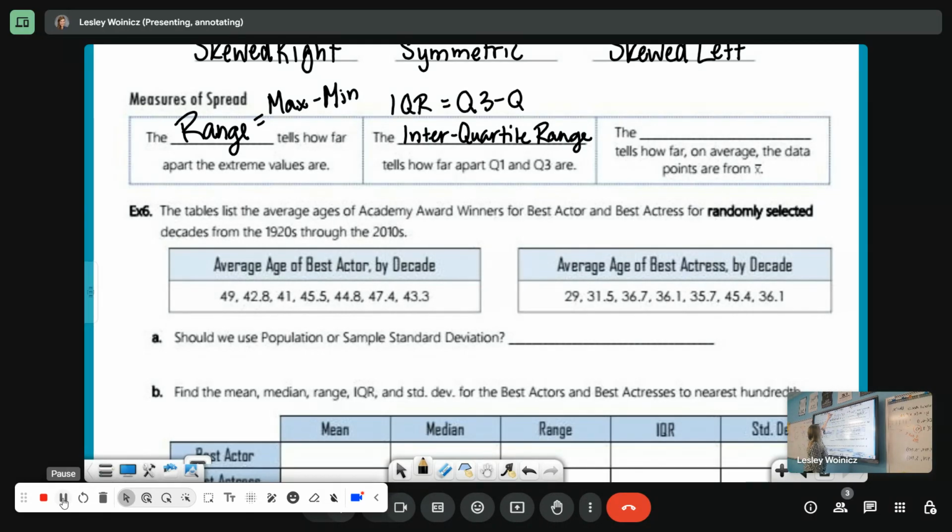So it's the upper quartile minus the lower quartile. Okay, the standard deviation is going to tell us how far, on average, the data points are from the mean.